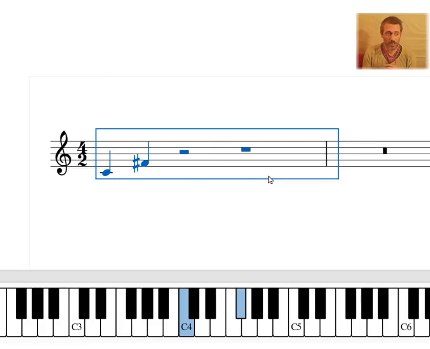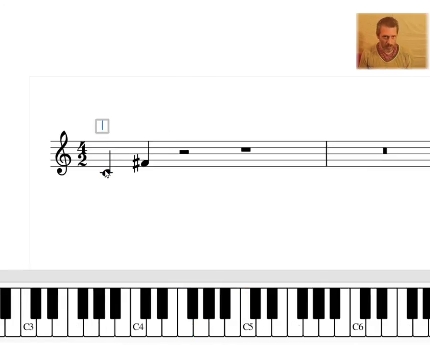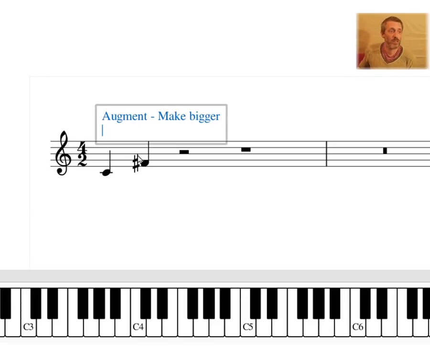But a normal fourth is from C to F, and what's happened is we've made it a little bit bigger. And that we call augmented. So if you augment the interval, you just make it bigger. So C to F sharp is an augmented fourth.